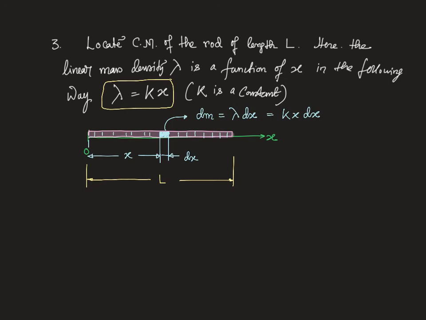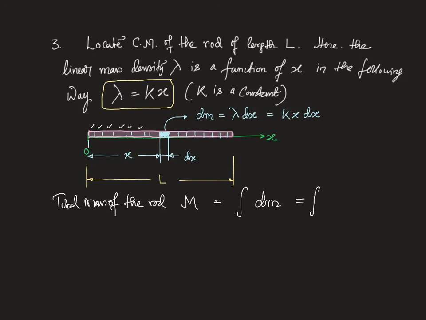Now you have to find the total mass of the rod. What is the total mass of the rod? Then you have to add up masses of these small elements, each having mass dm. So you have to sum over dm, or integrate over dm rather.